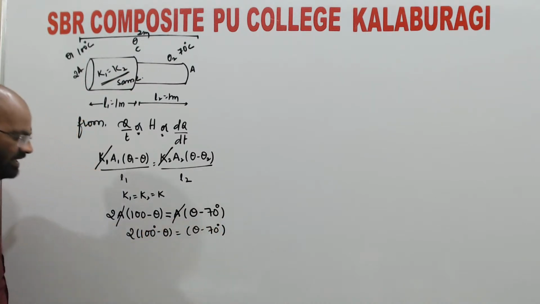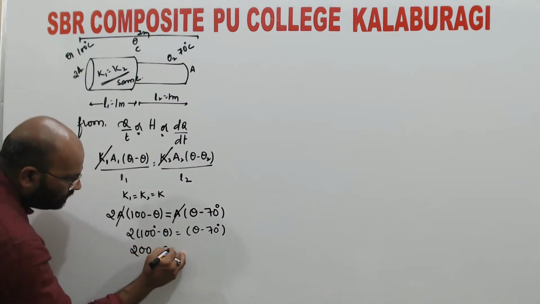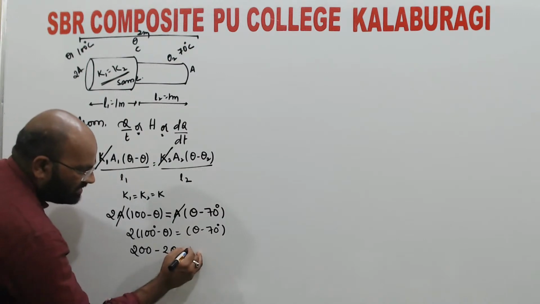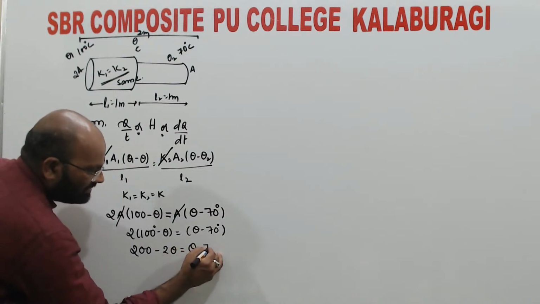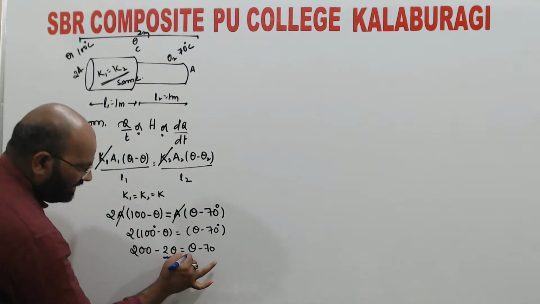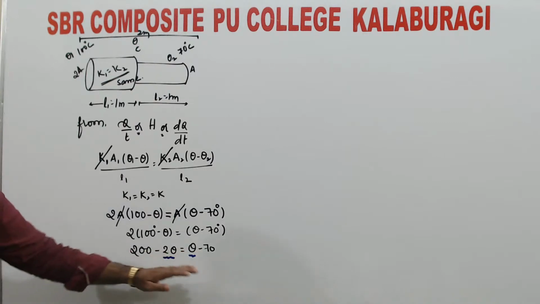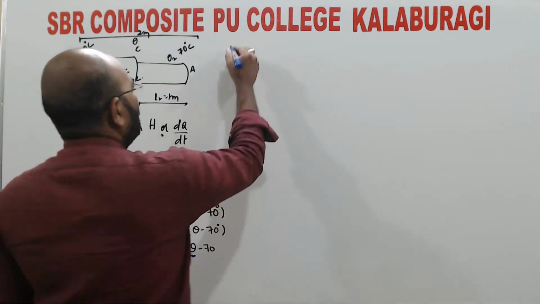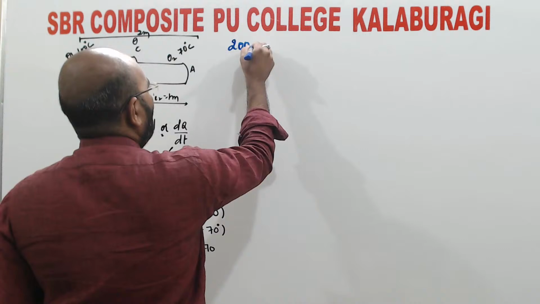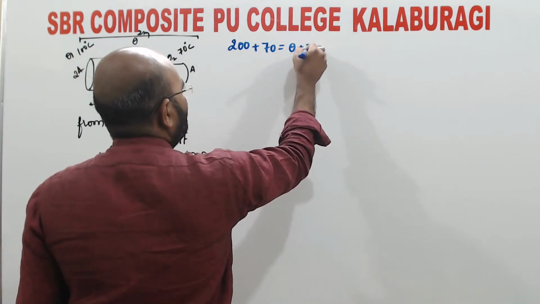Multiplying, we get 200 minus 2 theta equals theta minus 70. Here we have theta terms on both sides. Make theta terms one side and the remaining numerical terms on the other side. 200 plus 70 equals theta plus 2 theta.